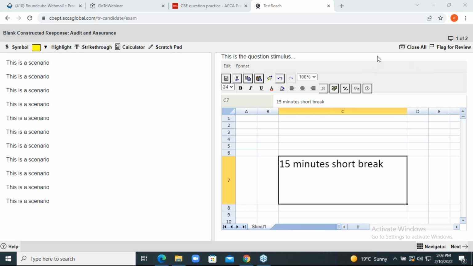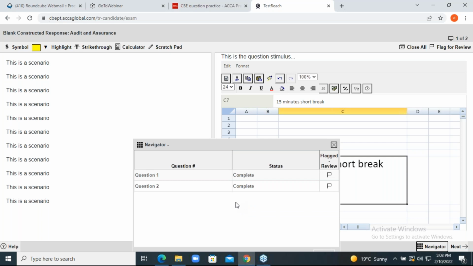So, welcome back, dear students. We are back from a 15 minutes short break. Before going to the break, we were discussing some of the important questions from the students, and before that, we were discussing how the test of controls can be formulated for a strong control system.